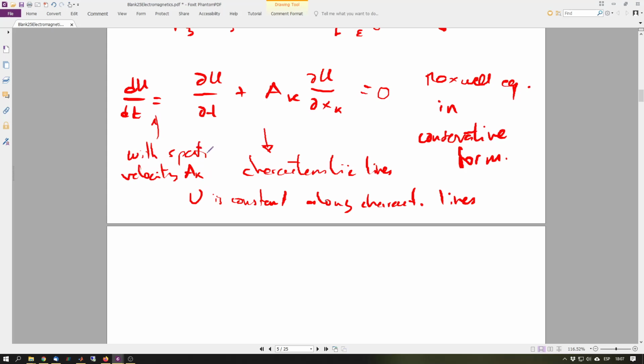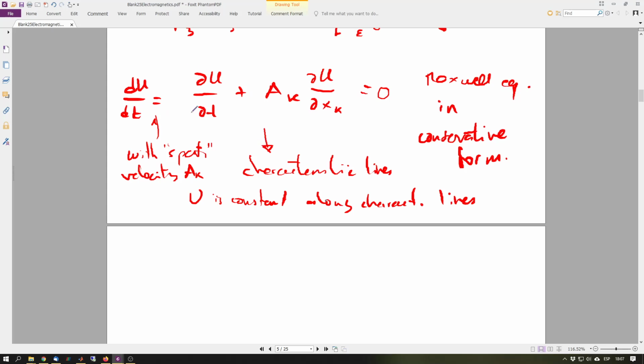Instead the spatial velocity is not exactly spatial, but is a velocity where u is traveling. That is transforming my spatial velocity with respect to the material time velocity. So it is along these lines where my unknown u is not changing. And this allows us to interpret what is happening, and numerically it may also be advantageous.